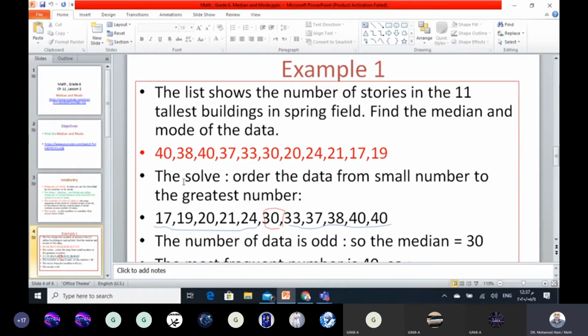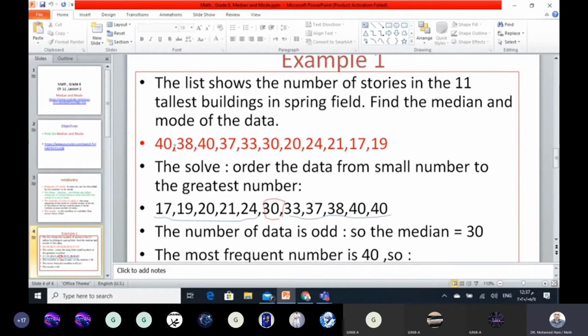The first step, order the data from the smallest number to the greatest number. So the smallest number 17, then 19, then 20, 21, 24, 30, 33, 37, 38, 40, 40.